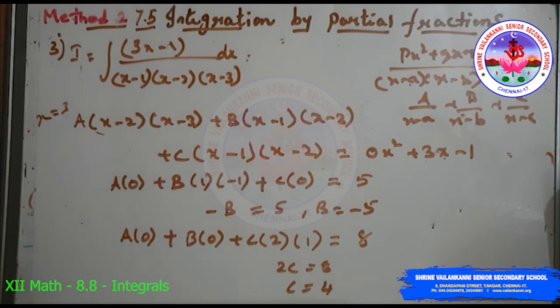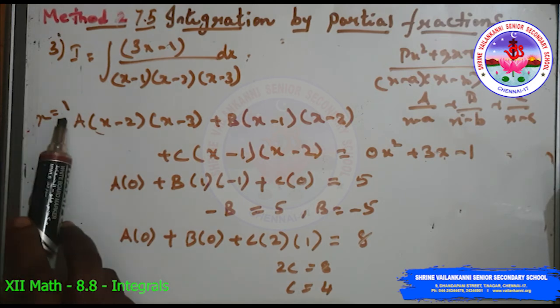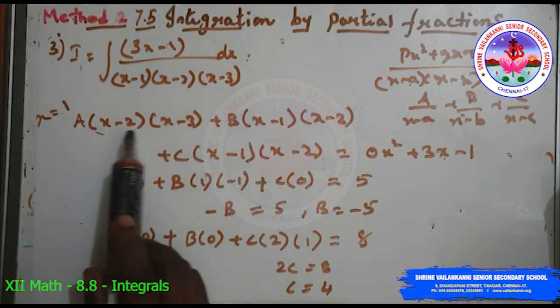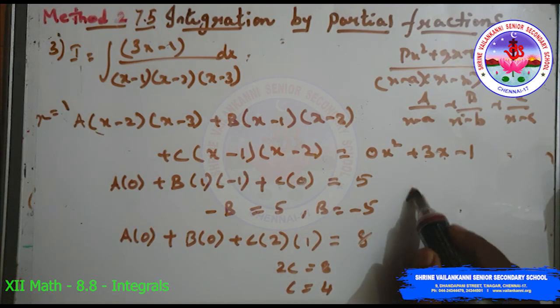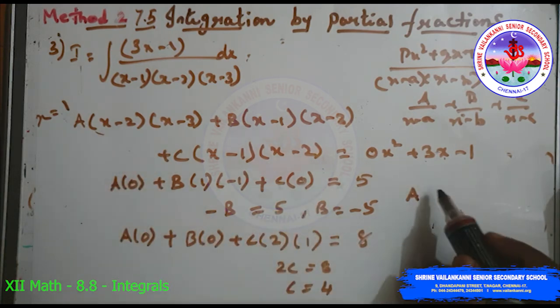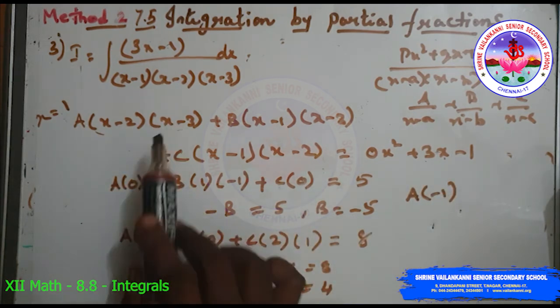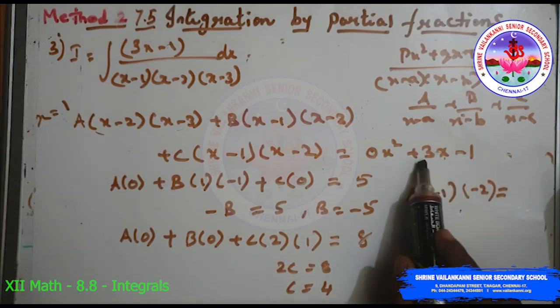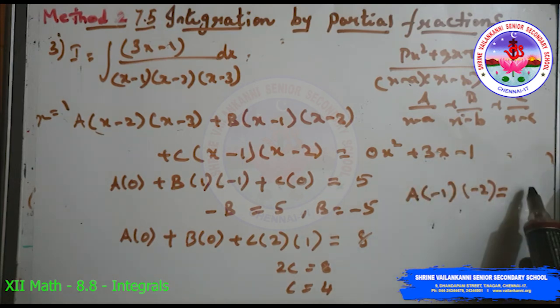Then we have to find the value of A. Put x is equal to 1. So C and B will become 0. We have to substitute here. So A into (1 minus 2) is minus 1 and (1 minus 3) is minus 2, which is equal to 1 into 3 is 3, 3 minus 1 is 2.